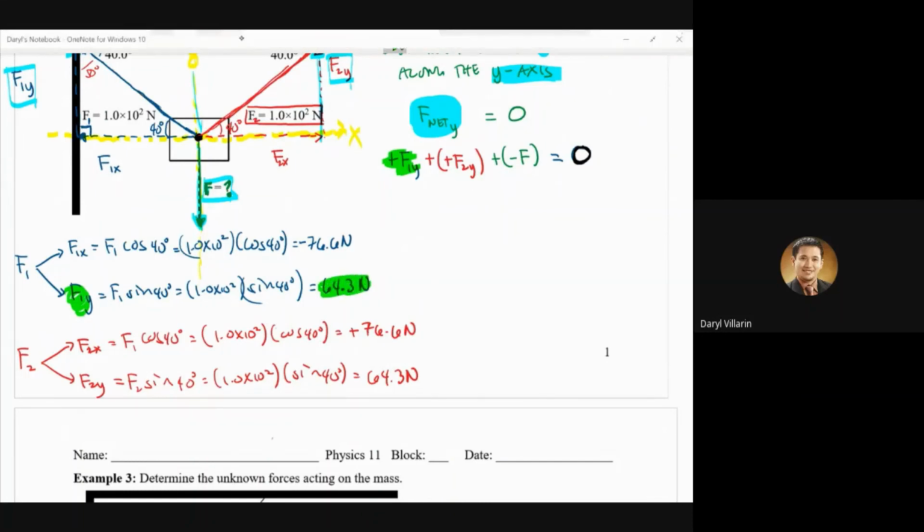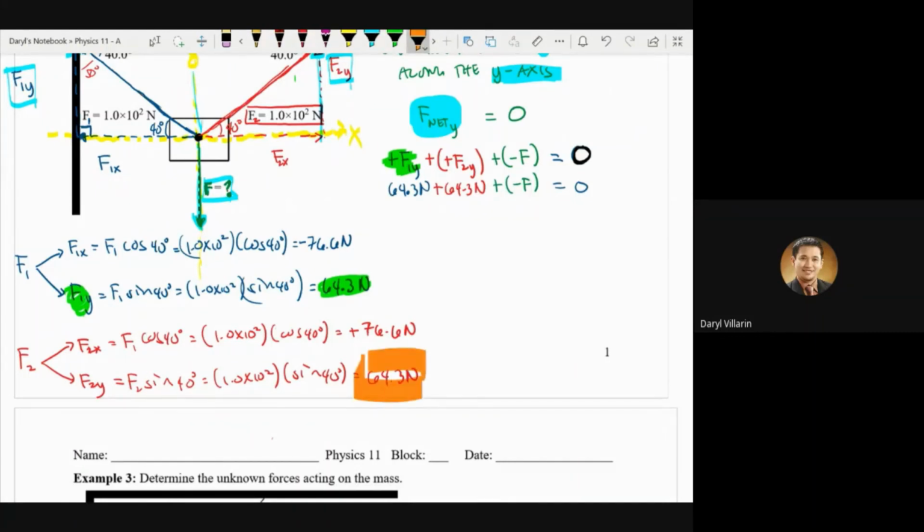So this should be 64.3 newtons plus 64.3 newtons plus the negative of F is equal to 0. So again, what I did here is just substituting the values.